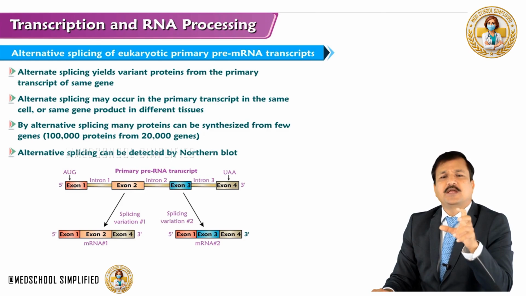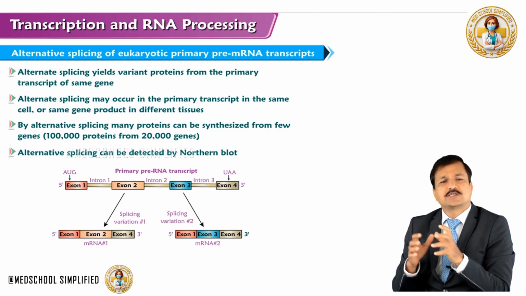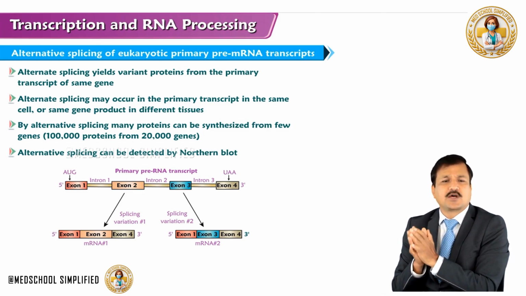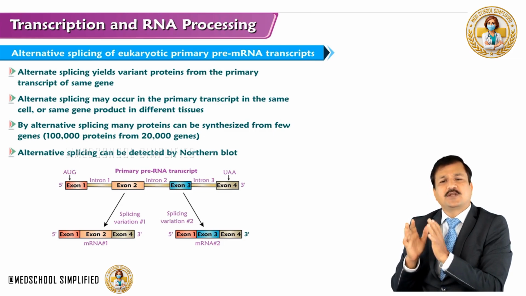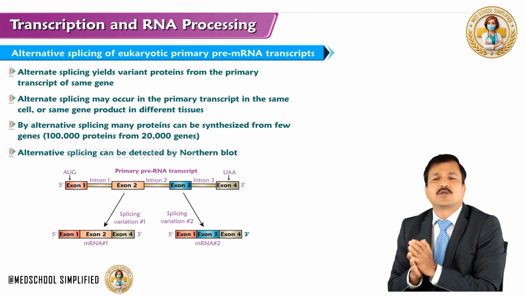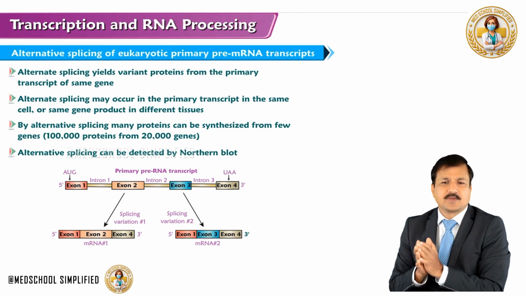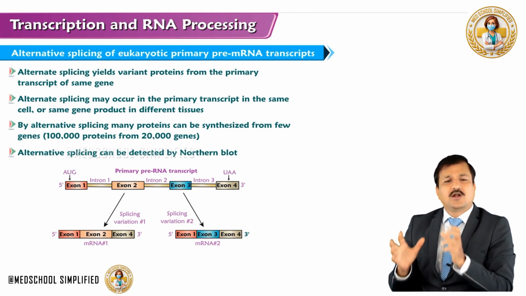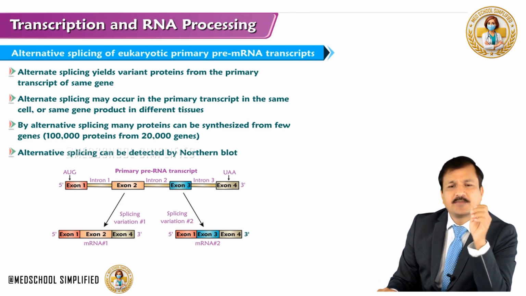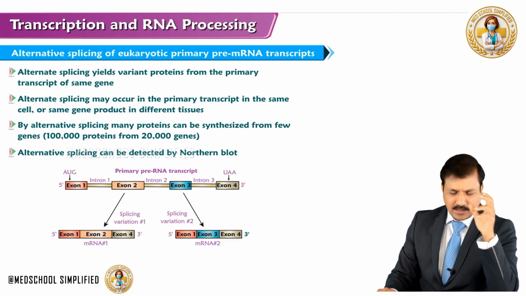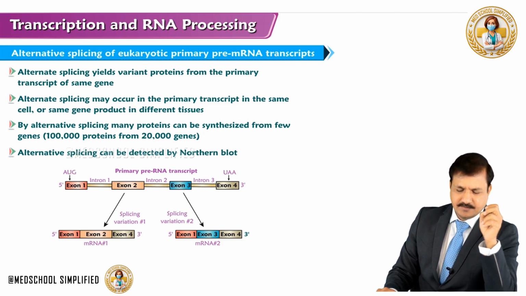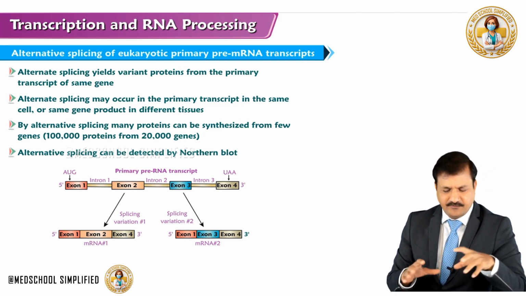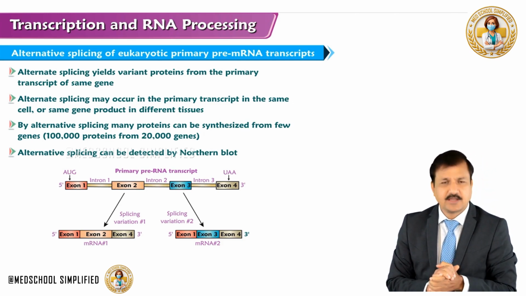A current estimate of the number of human proteins is at least 100,000, whereas the current estimate of human genes is only about 20 to 25,000. Note that alternate splicing can be detected by the northern blot technique. The alternate splicing mechanism is briefly shown here in the figure.